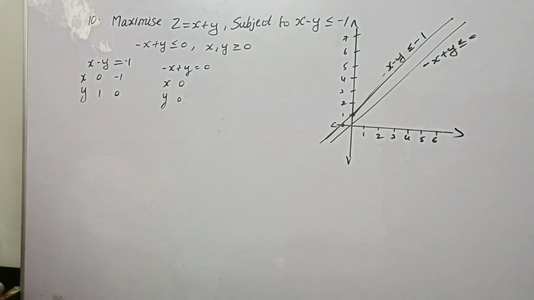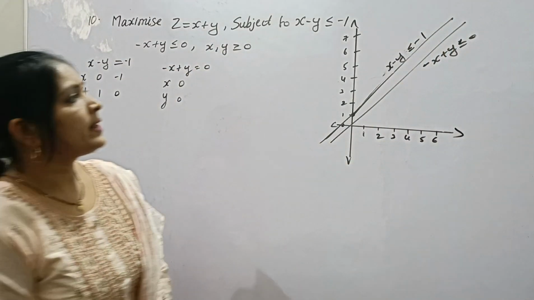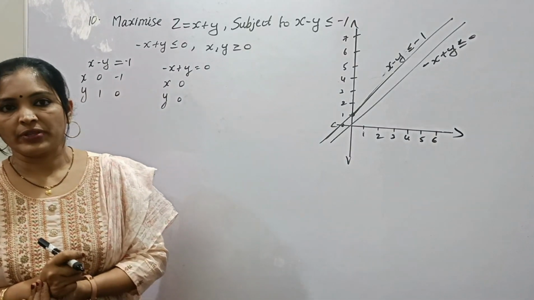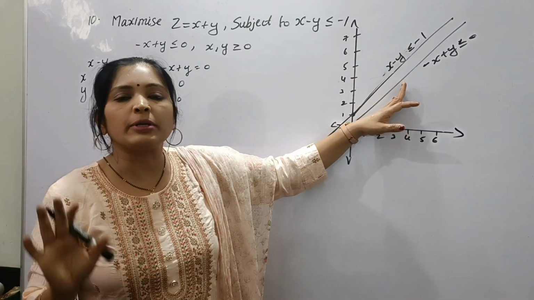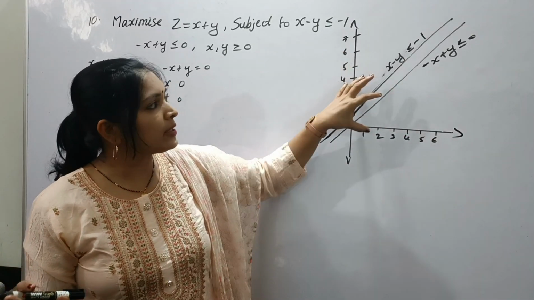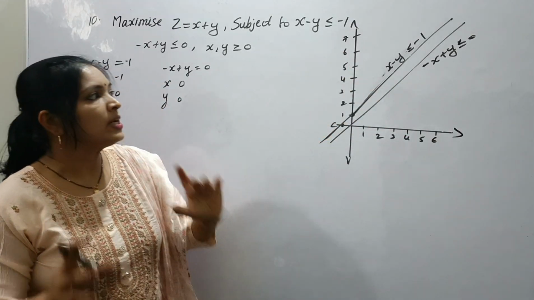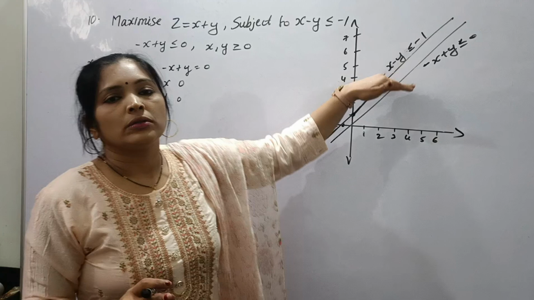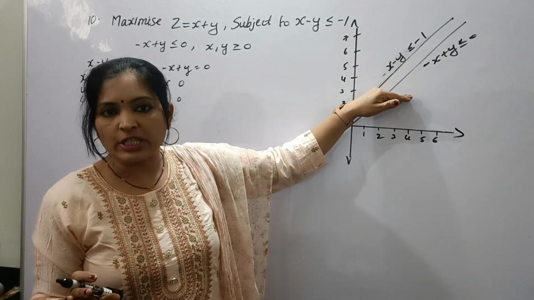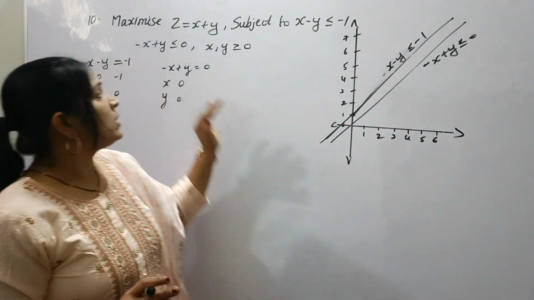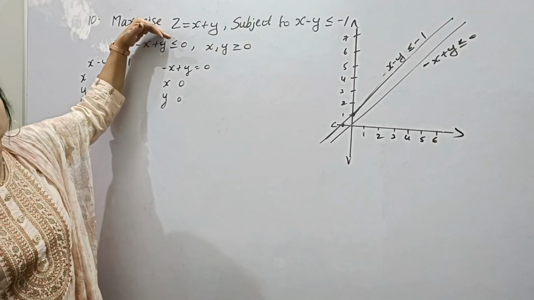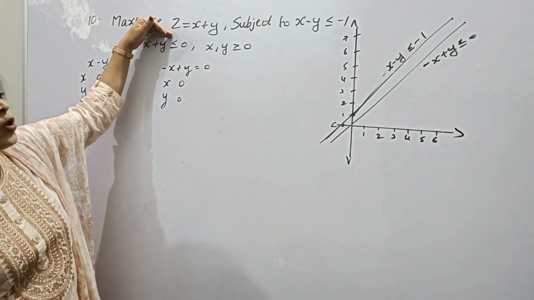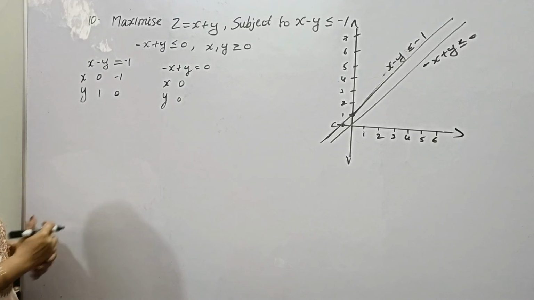Okay, see here, we observe that there is no point of intersection and this problem has no feasible region. Therefore, there is no maximum value for z. Okay, there is no maximum value for z.